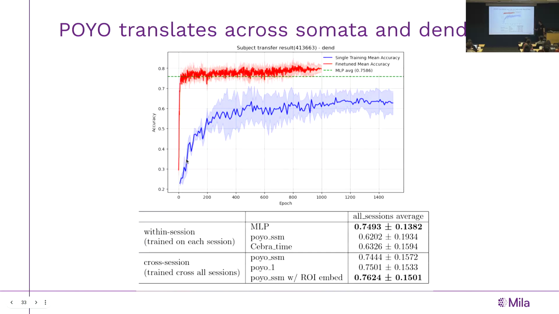We were having trouble often with Valpaca, for example, to get good decoding of the orientations that could beat just an MLP trained on a single session. And we thought, well, if we could do multi-session stuff, we'd do better, but we kept struggling with that. But what we find is that with POYO, with these additional features of the ROIs added in, now we can get reasonably well past that MLP level.